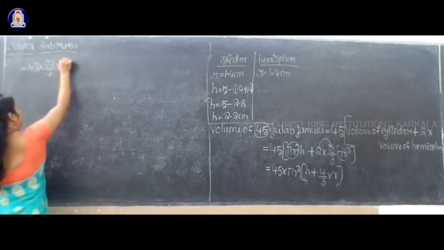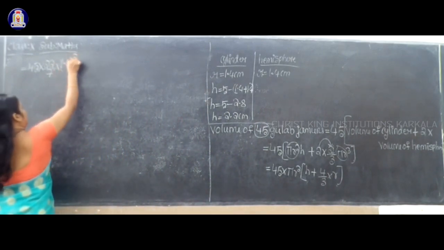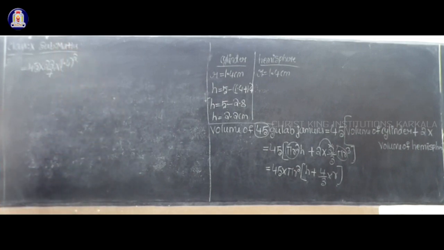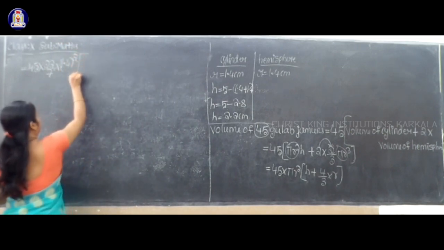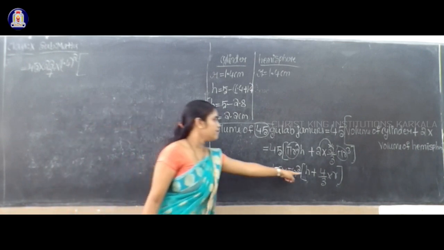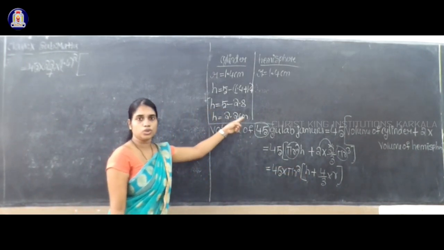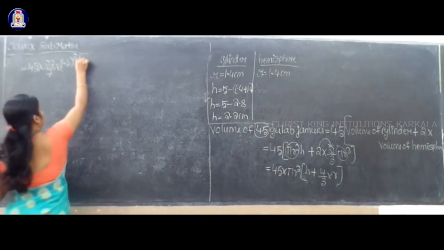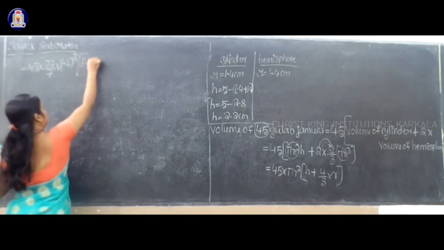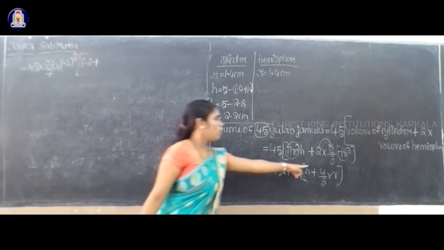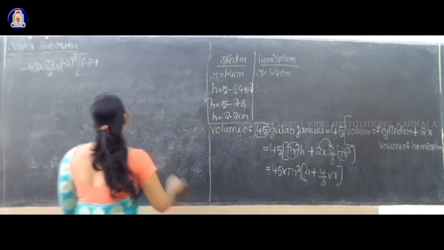So 1.4 whole square. R square means 1.4 whole square. Okay, bracket. H value. What is the value of h here? H is equal to 2.2 plus 4 by 3 into r.